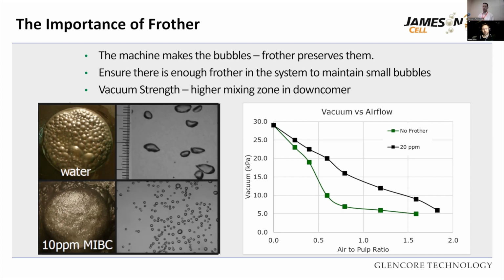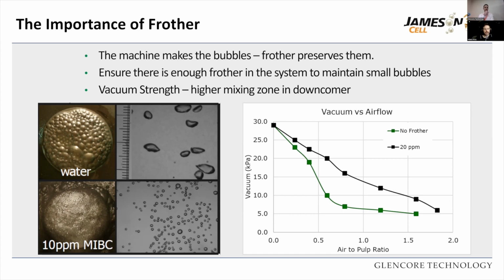So the frother, with its ability to improve the liquid chemistry, the surface tension, plays a vital role in being able to maintain your vacuum for longer, whilst basically bringing in your higher air ranges into the Jameson cell.